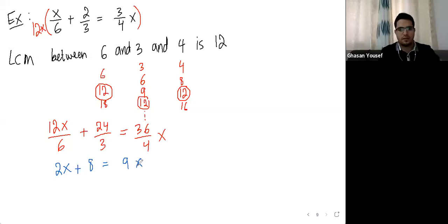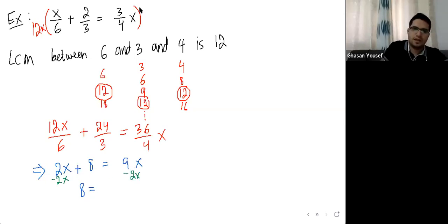So the equation is changed to a different form, but it is equivalent to the original one. Now we move the variable to one side and the number to the other side. So I get 8 equals 9x minus 2x, subtracting 2x from both sides, which gives me 7x.